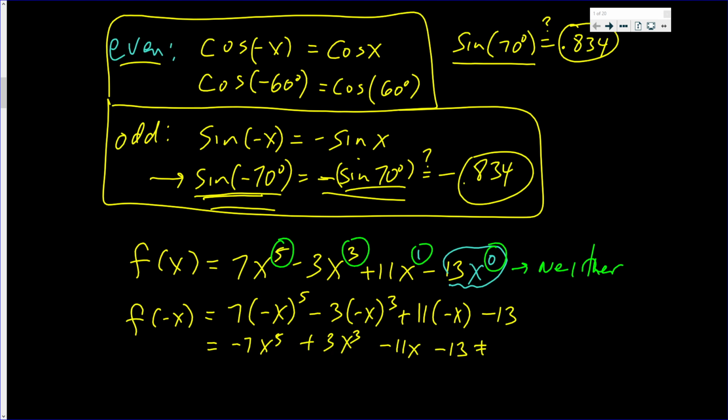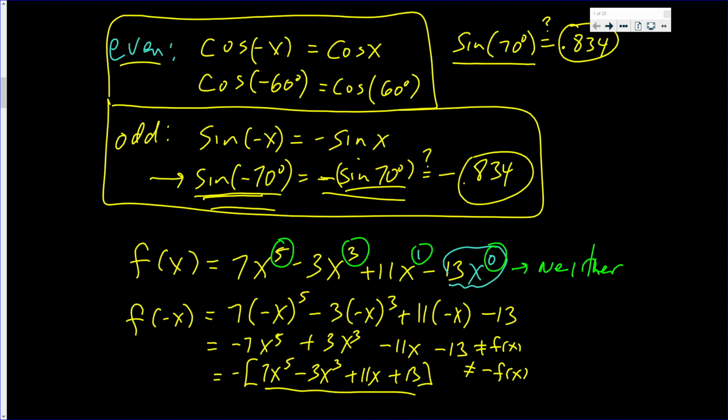Now, this is not f of x, and it is not even negative f of x, because if I factor out a minus sign, I get minus 7x to the fifth minus 3x cubed plus 11x plus 13. What's in here is not f of x because of that plus 13. So it is not negative f of x. It's neither.